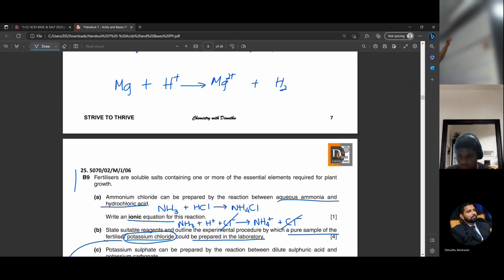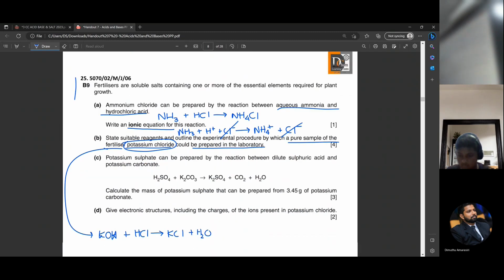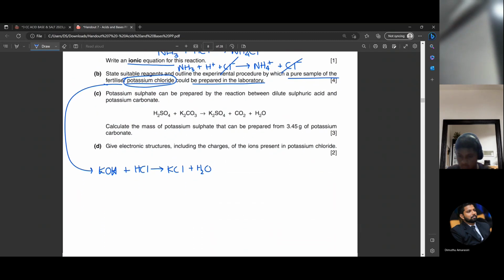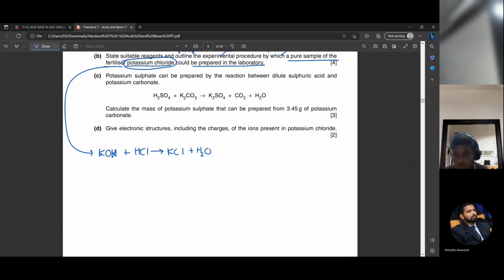In order to balance the numbers, you put 2H plus. Magnesium is solid, H plus aqueous, hydrogen gas. If you use your common sense, you can write the ionic equation without deriving. That's my point.